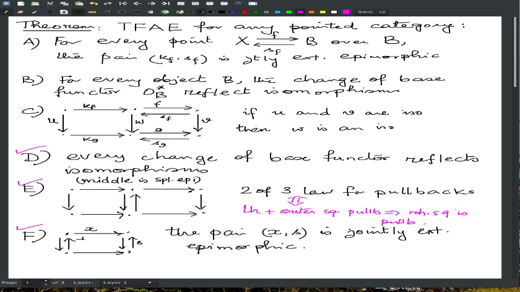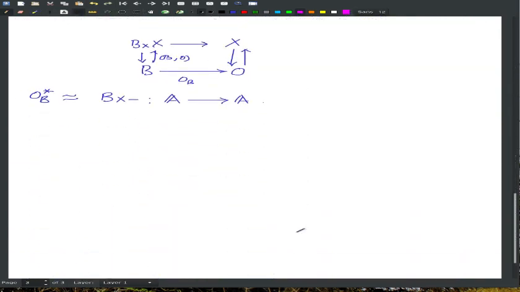Now let's see, as I told you earlier, the kernel. What is the kernel? Let's look into the kernel of a map. So I have this map X F Y, and I think this one should be done like this.